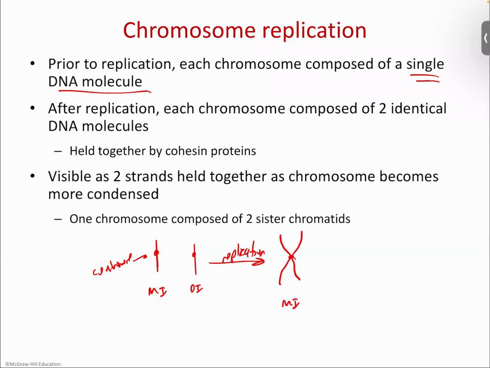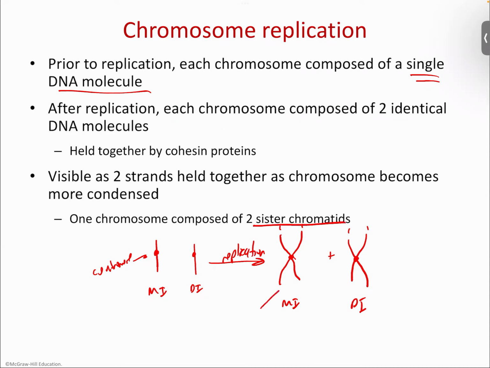So now this is mom 1, and now this is dad 1. Each one of these is a duplicate copy of a chromosome, and they're both connected at the centromere. Each one of these is what's referred to as a sister chromatid.